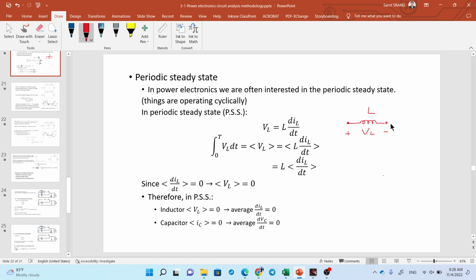We can have the condition that for the steady state, periodic steady state, the average value of this derivative term equals 0.